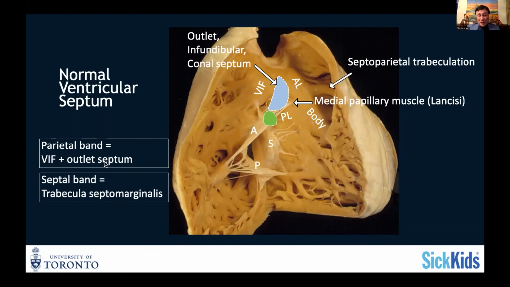And septal band is exactly synonymous with the trabecular septum marginalis. Bob Anderson anglicized this, and now he calls it the septomarginal trabeculation. Okay. But I wanted to use the origin of that language, trabecular septum marginalis.